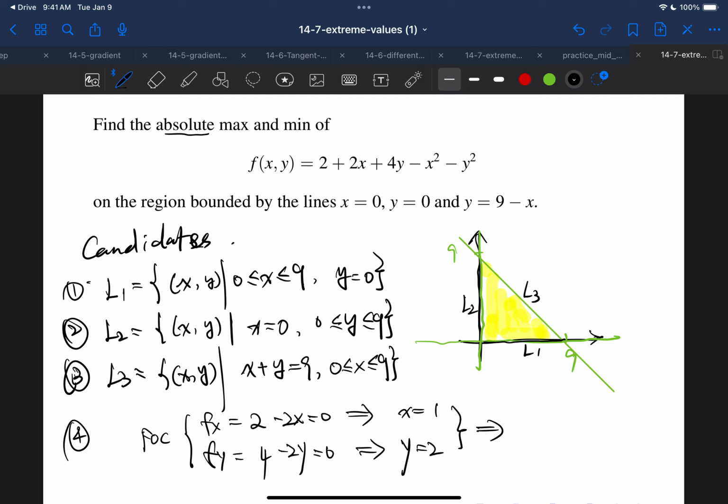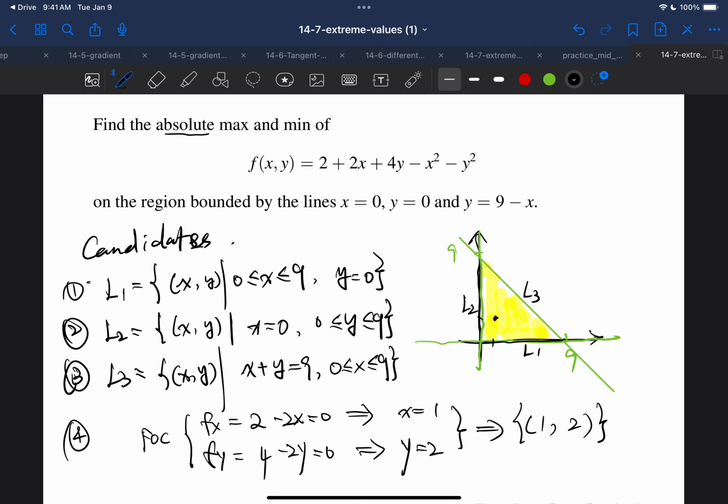So together we have the critical point (1, 2). This is the only critical point. So (1, 2) is approximately somewhere here.